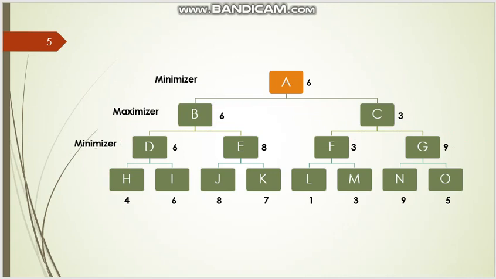So what would happen? The minimizer will choose 4, here it will choose 7, here it will choose 1, and here it will choose 5. Similarly the maximizer will choose 7, and here 5. And within these values, 7 and 5, the minimizer will obviously choose 5.